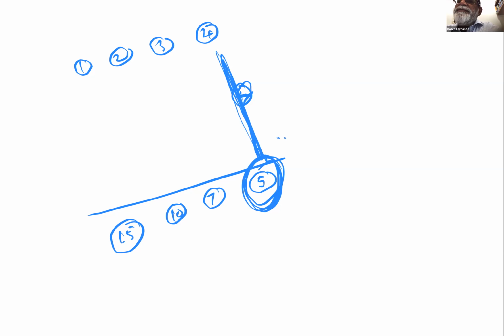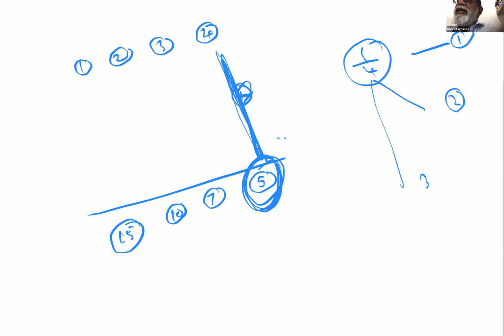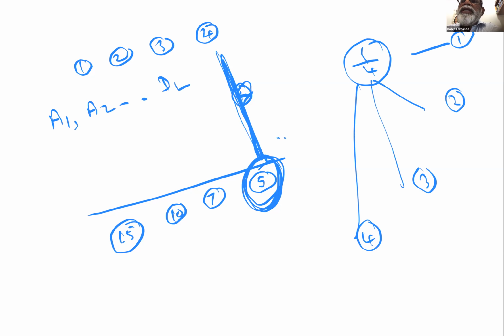This is scientific. By and large, 1/4 of the questions will be 1, 1/4 will be 2, 1/4 will be 3, and 1/4 will be 4, because the computer shuffles and gives. You know that the question papers are A1, A2, A3, etc., D1, D2, etc., D4. 16 question papers will be there. The computer shuffles the questions.